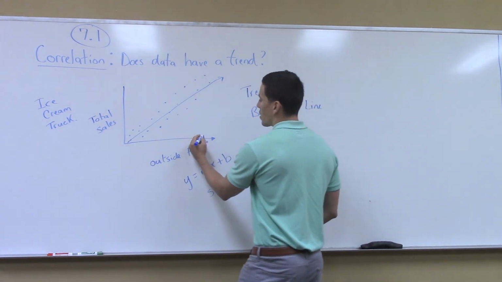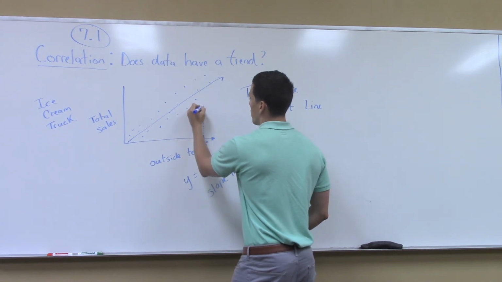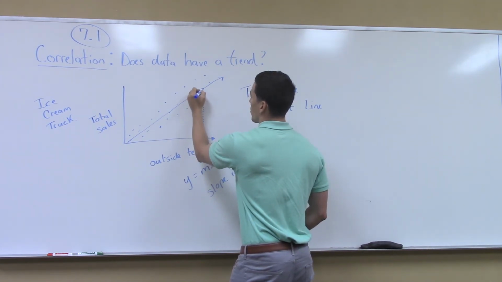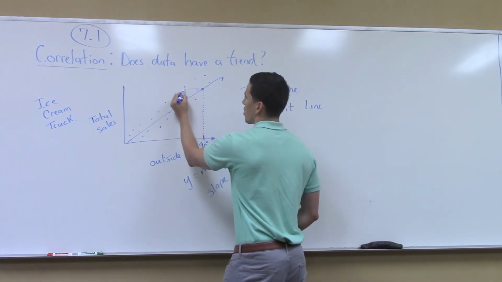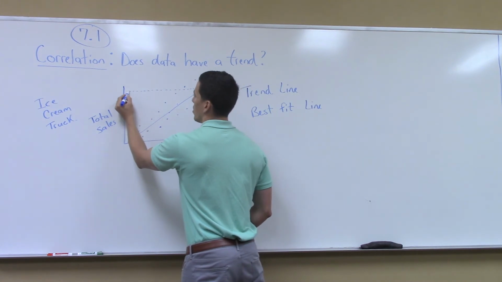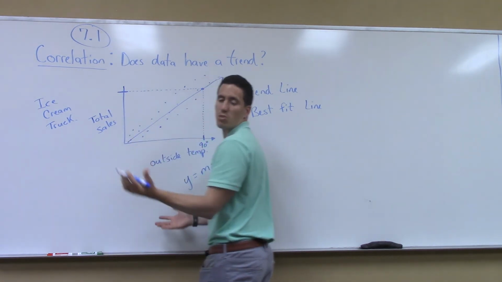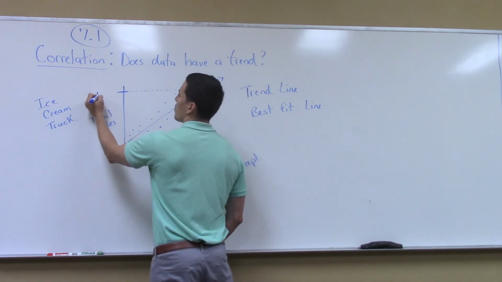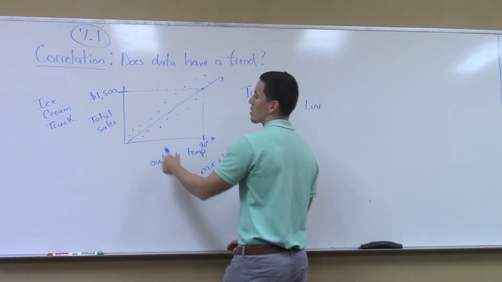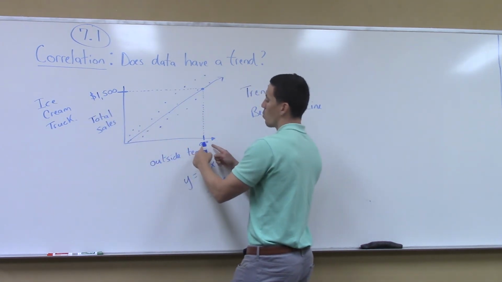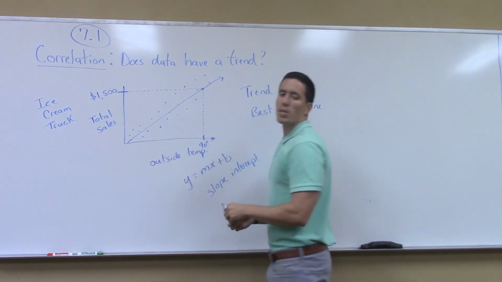Well, if I take 90 degrees on this x-axis and I run it straight up to the point where it intersects my best fit line, then I can run this point straight over to my y-axis, and whatever this amount is right here, let's just make up a number, let's say that that's $1,500, that would be what I would predict my total sales to be when the outside temperature is 90 degrees. So trend lines allow us to make predictions.